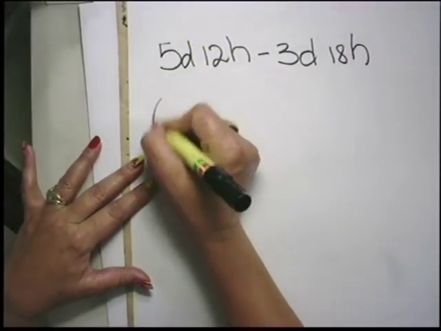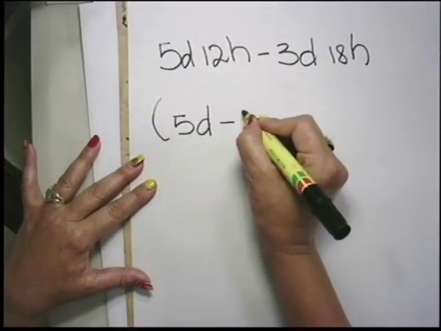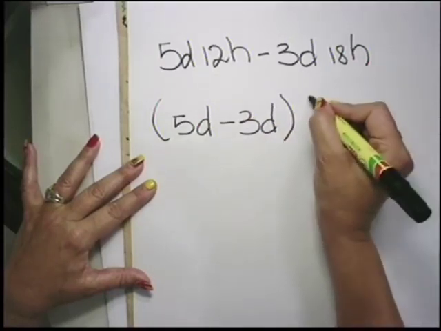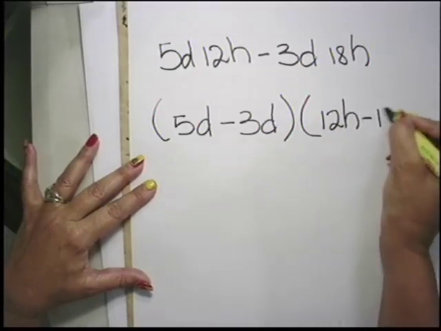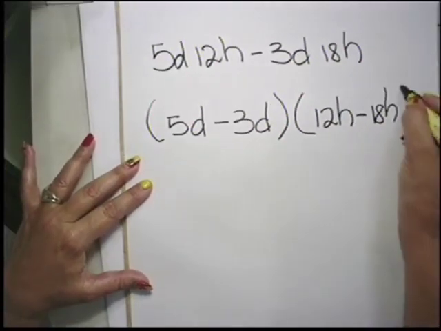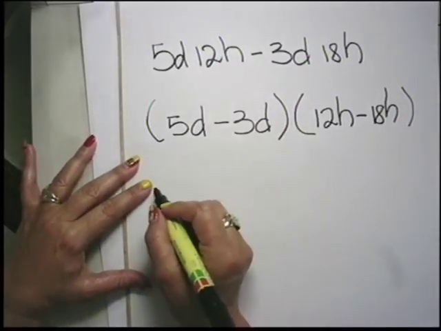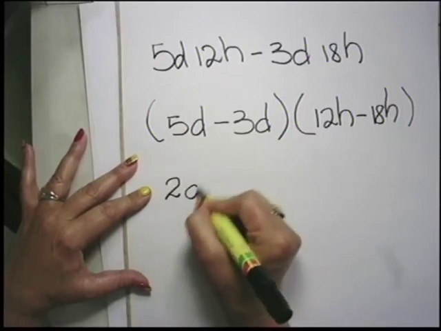I separate my terms like I said. 5 days minus 3 days. Here I have 12 hours minus 18 hours. I have separated my terms. 5 days minus 3 days will give me 2 days.